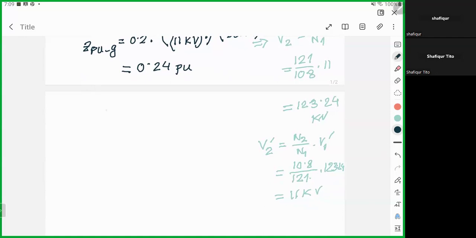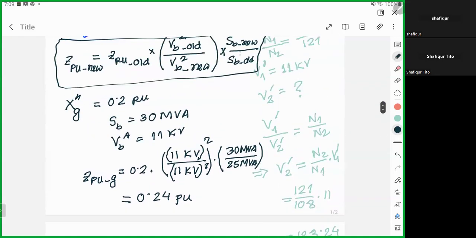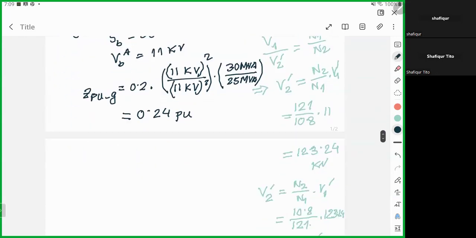Transformer is usually given for the primary side voltage.